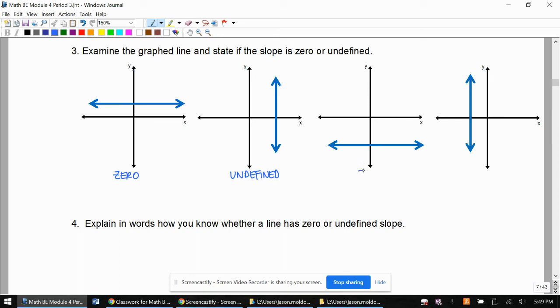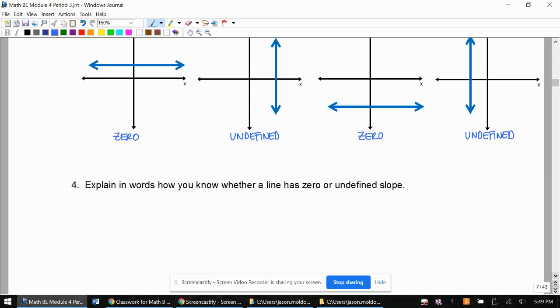Vertical. So horizontal is 0. In fact, the letter Z has several horizontal looking things, and vertical is undefined. We use the word undefined in Module 3 as well.